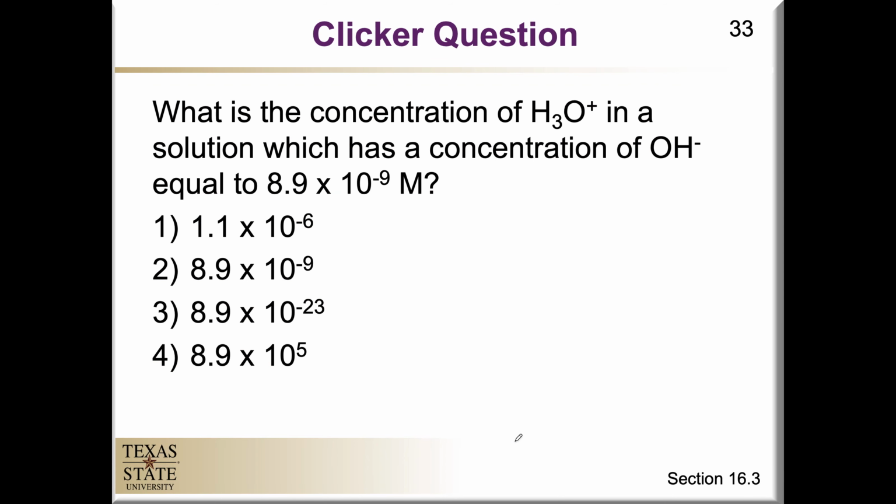All right, the last problem before we move on to the next topic is what is the concentration of hydronium ion in a solution that has a concentration of hydroxide that is equal to 8.9 times 10 to the minus 9 molar. All right, hopefully you guys are going to pause and actually do this yourselves, but I'm going to go ahead and get started.